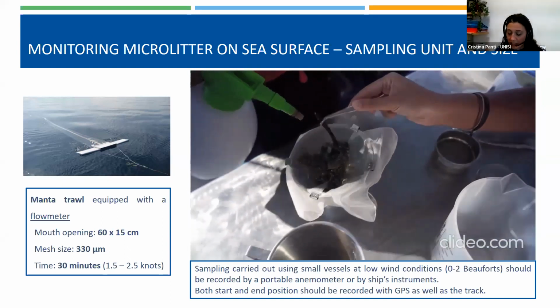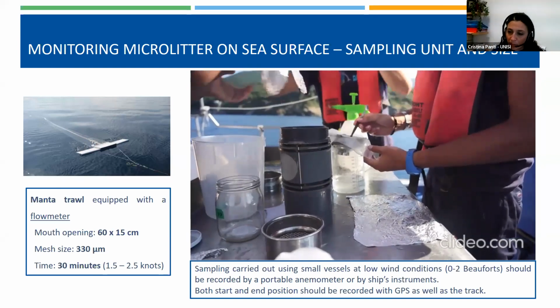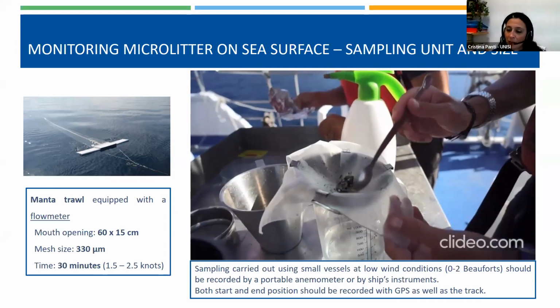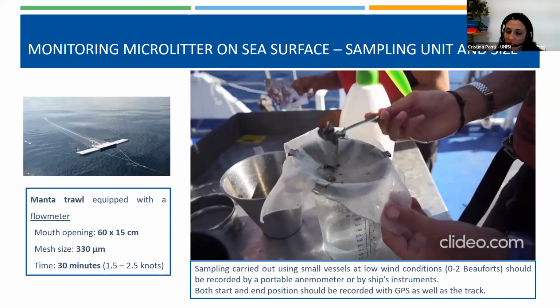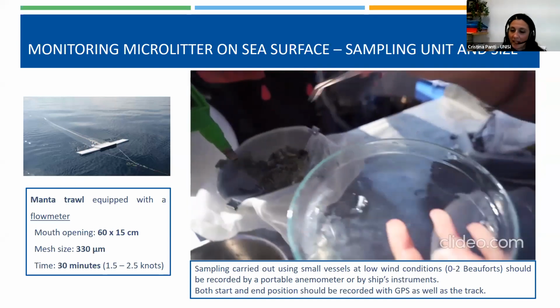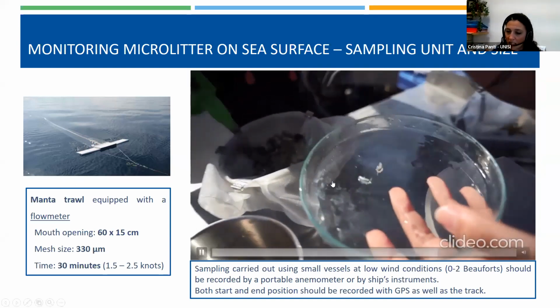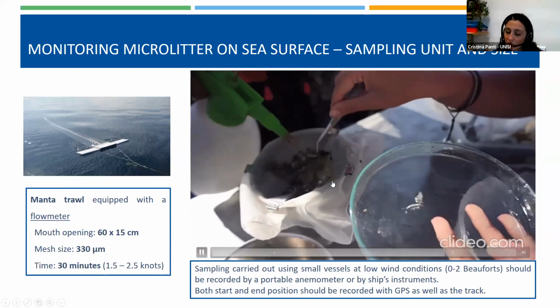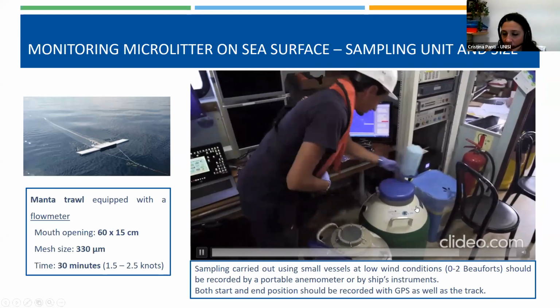If you have both the 5 and 0.3, you can use both of them to have a first dimensional separation of the samples. Then you can collect the sample and you can also collect some organisms if you are interested in doing organism analysis collected in the same area with the manta trawl.